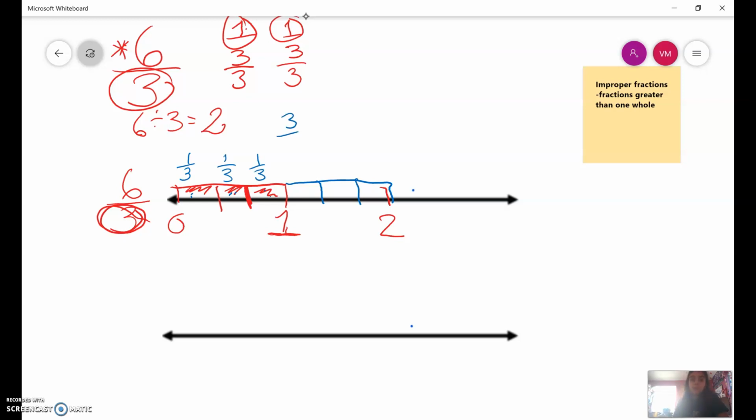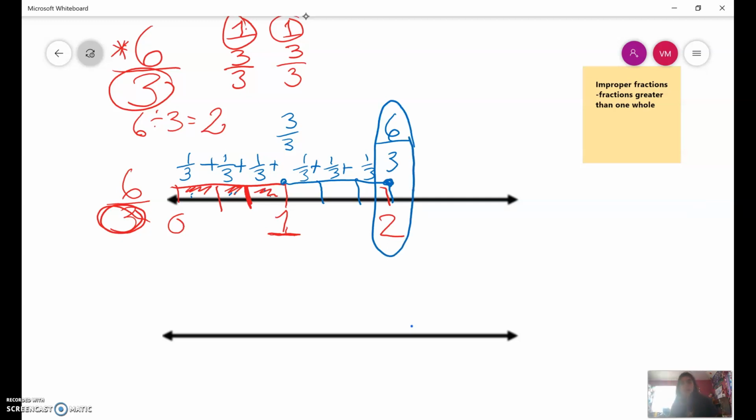So this point right here is 3/3. Remember this, guys? All those 1/3s. Now I have 6/3. So this is the point. 6/3 is equivalent to 2.